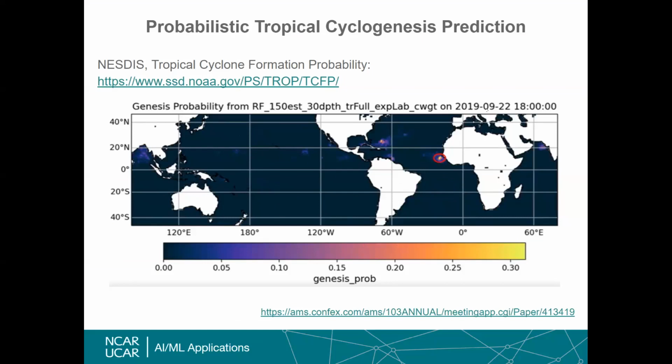And at this time in September, a few years ago, actually, we had tropical cyclogenesis probability off the coast of Africa in Cape Verde and north of the Caribbean in the Atlantic. And this was produced by an AI model trained on various forecast models to predict tropical cyclogenesis.